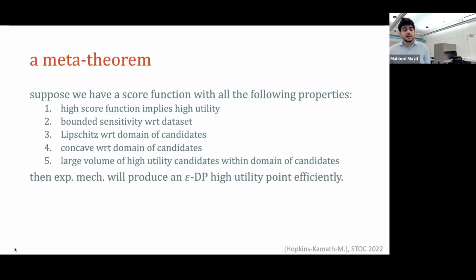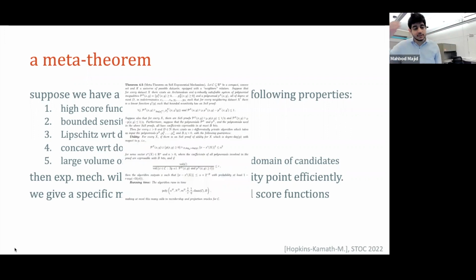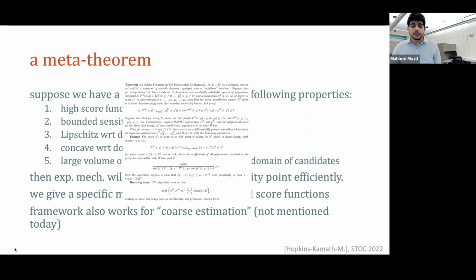Then the exponential mechanism will work. It will give us a high utility point efficiently. And we capture this in a meta theorem for score functions that can be seen in our paper. We also use this approach for coarse estimation, going from radius R to radius root D, but we don't talk about this in this talk.